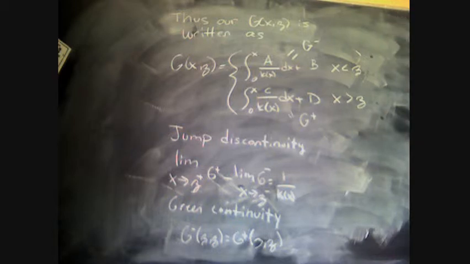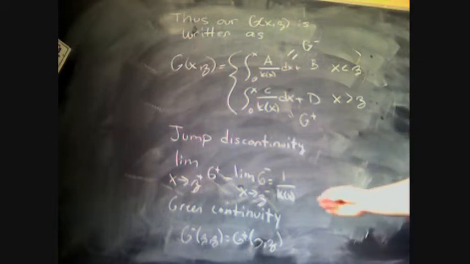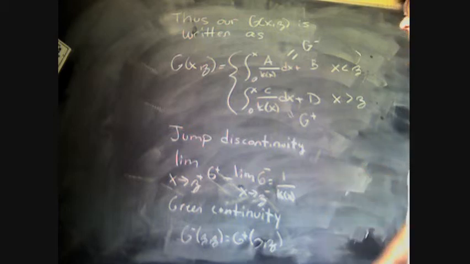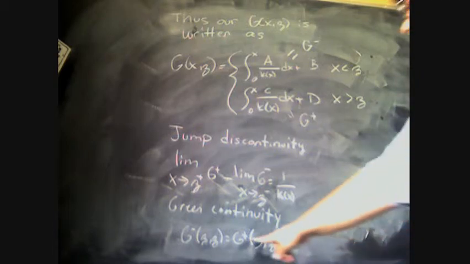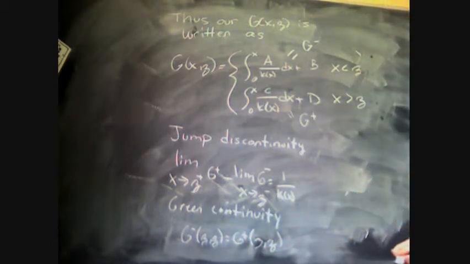Another thing is that you need functions to be in Sturm-Liouville form in order to be able to solve them using Green's functions. So this is our k of x from earlier. And the other thing I mentioned is that our Green's function does have to be continuous at the point z. So it's got to be the same from both directions.